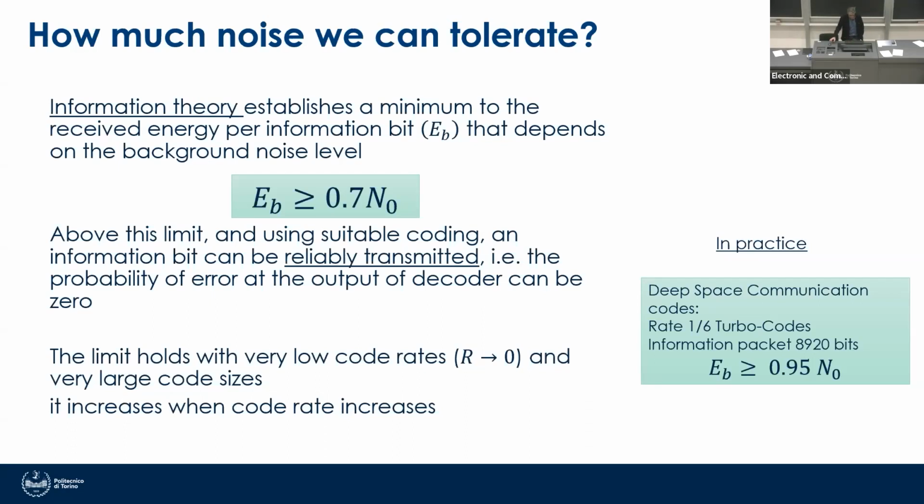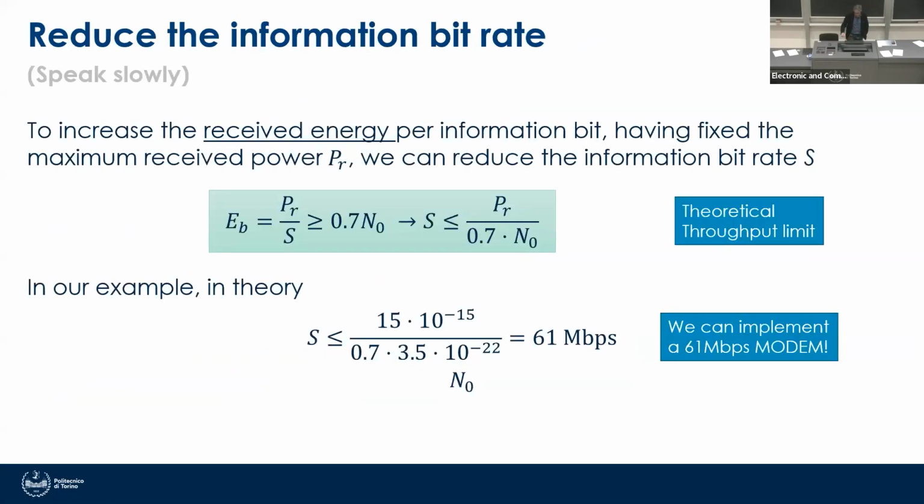And now we need to understand how we collect that amount of energy, Eb, for each transmitted information bit. So now we have this limit, energy per bit, and what is the energy that we collect for each bit? We just take the received power, PR, that we already computed, and divide it by the throughput, our modem throughput, how many bits per second we want to send.